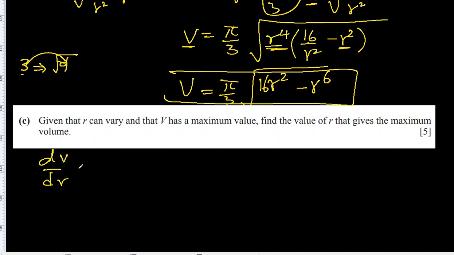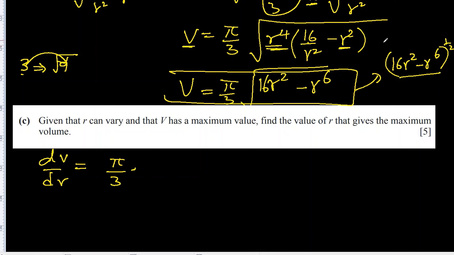V prime, which is dV over dr, is equal to pi over 3, a constant, so we will not touch it, and this can be written as 16 r squared minus r to the power 6, all to the power half.